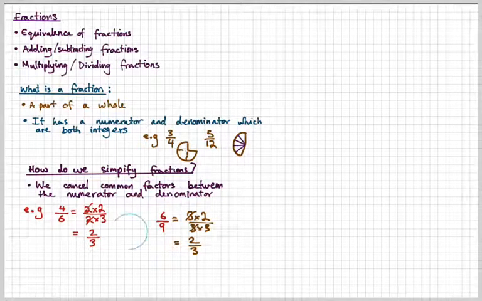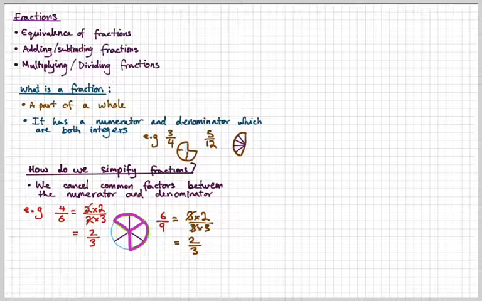Let's look at this as an example in pictures. With 4/6, I've split my circle into 6 parts and I've got 4 of them. And this is the same as splitting it into 3 parts and just having 2 of them.